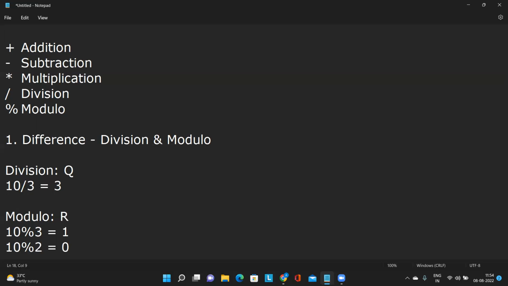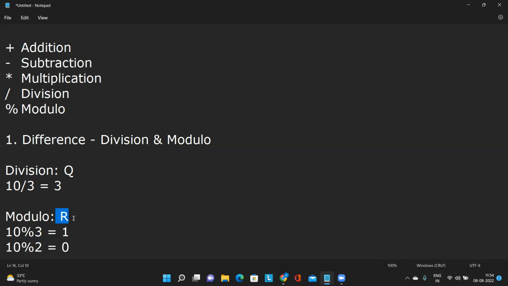So this is the first difference between the division operator and the modulo operator. The division operator always returns the quotient value, and the modulo operator always returns the remainder value. This is a general difference. There is one more very important difference between these two operators.